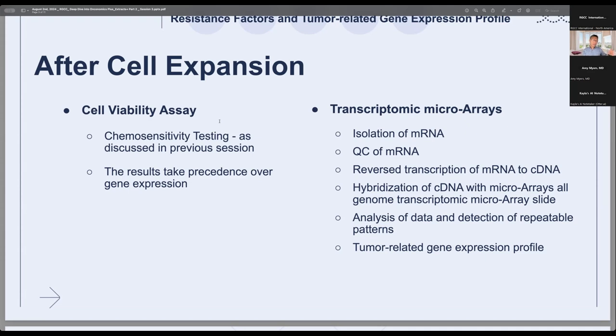The target was there, and the drug, or the natural substance, was able to destroy the cancer cells at a certain percentage. Whereas when you do transcriptomic microarrays, you're looking at druggable targets.